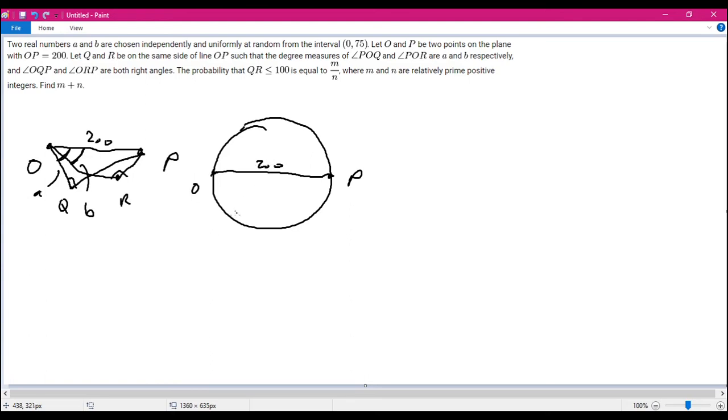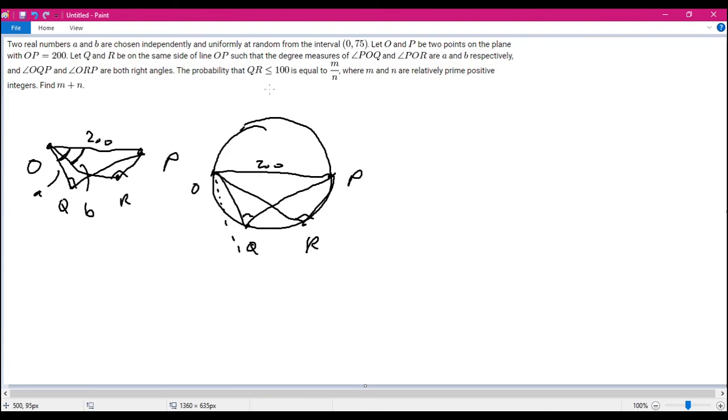So we can put Q. This is 90, so let's say this is about 75. So it can be anywhere from 0 all the way to 75. So I'm just going to put Q here for now, and R here for now. That is nice. These are right angles. Okay, but how does that help us?